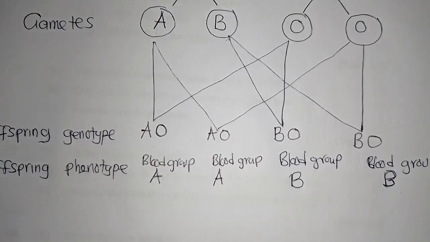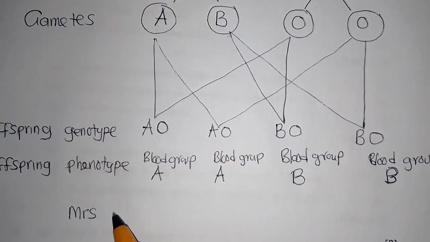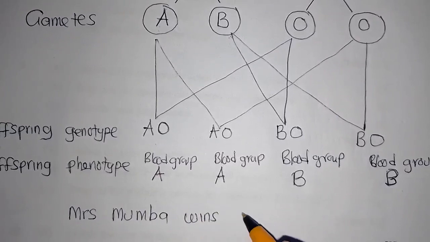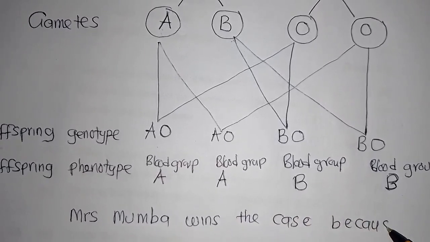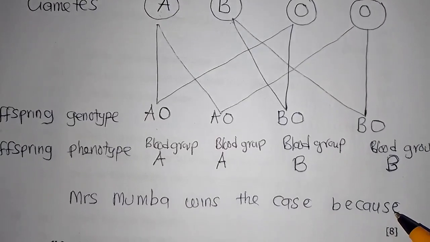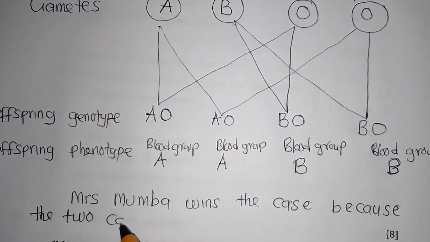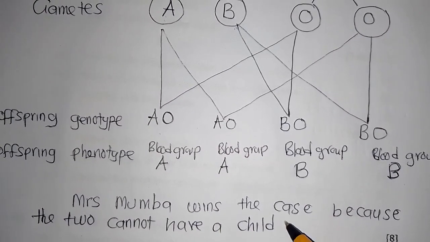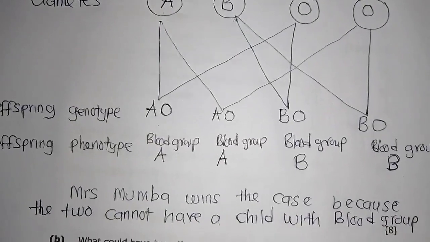It's not possible to have a child with blood group O. So Mrs. Mumba wins the case, because the father and the mother cannot have a child with blood group O.